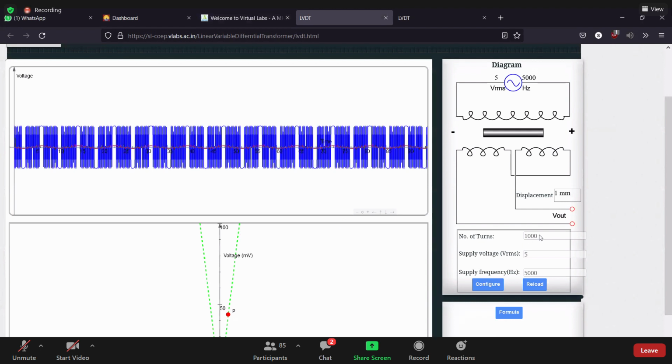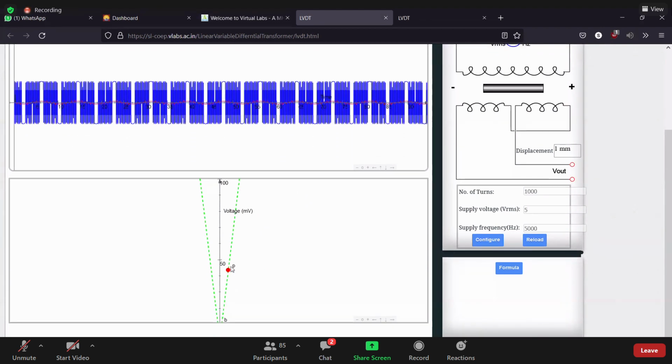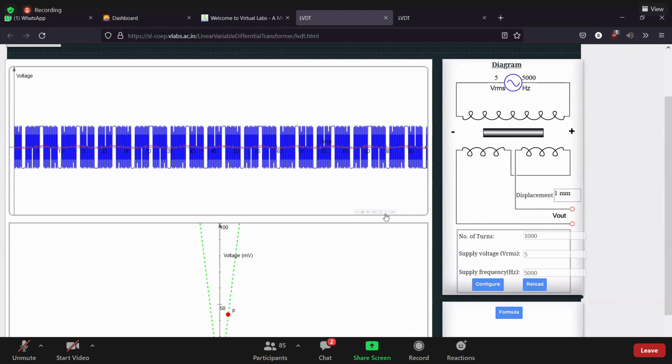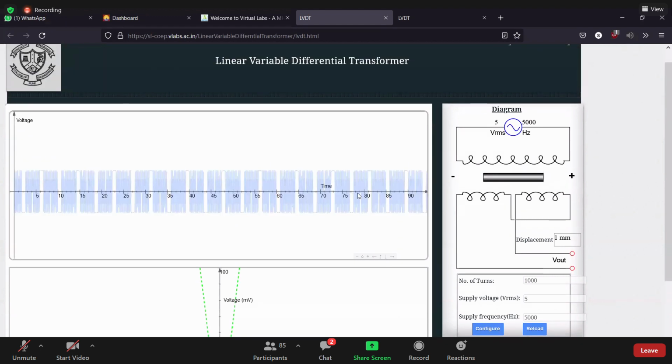So this is 1,000, 5 and 5,000. So near the waveform you have arrows, right? Below the waveform, you have arrows. Expand the waveform because it is very clumsy.